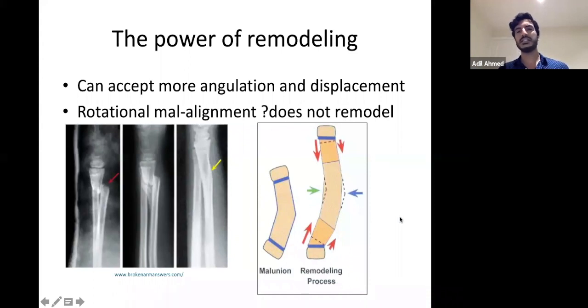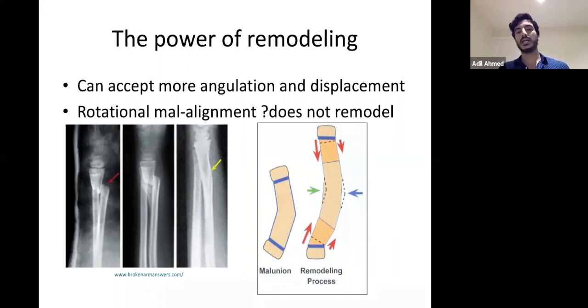It is worth noting that remodeling occurs at a much better and much more efficient rate distally, so as close to the physis as possible. That's as close to the growth plate.